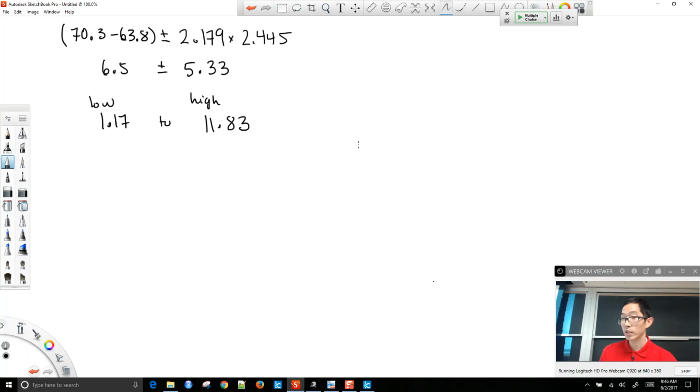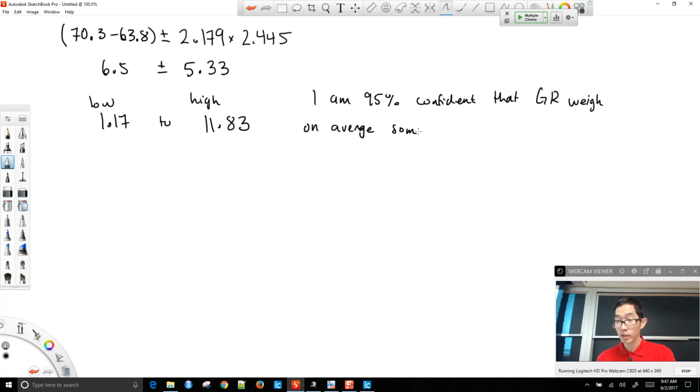Okay, and so I would say something like, I am 95% confident that golden retrievers weigh on average somewhere between 1.17 pounds and 11.83 pounds more than Labrador retrievers on average.